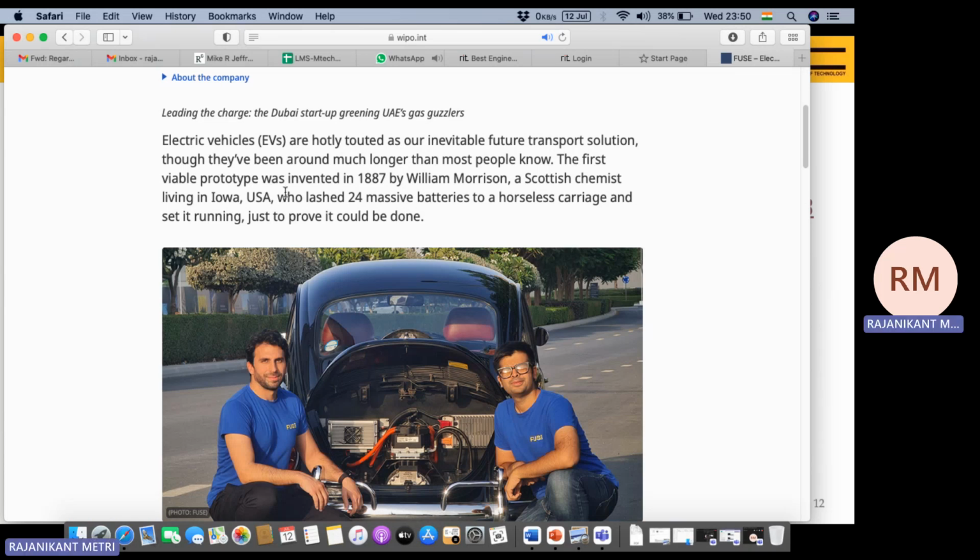The first viable prototype was invented in 1887 by William Morrison, a Scottish chemist living in the USA. He latched 24 massive batteries to a horseless carriage and set it running. That was to prove the concept.